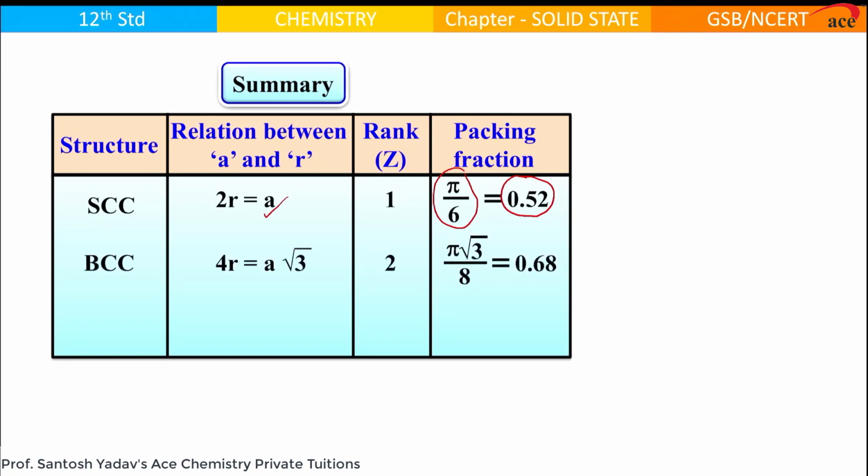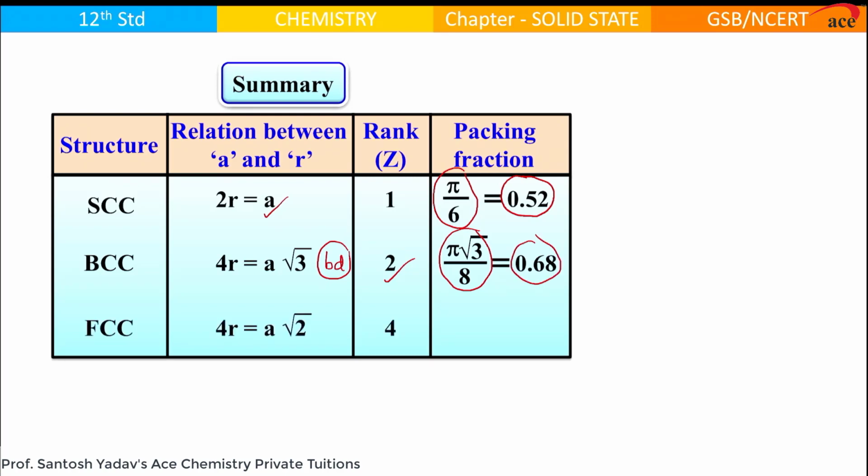And for BCC, along the body diagonal, you remember the body diagonal? Body diagonal, A root 3 was equal to 4R. Rank was 2. And we have to remember pi root 3 by 8, that was the packing fraction, exact value is 0.68.